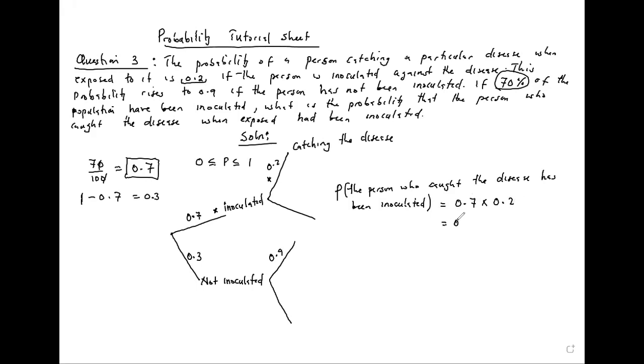So we get 0.14. That's how you obtain the probability from the tree diagram.